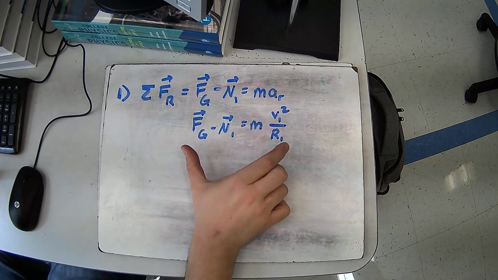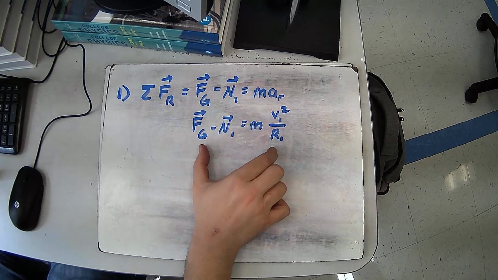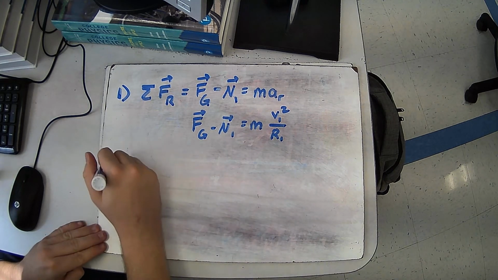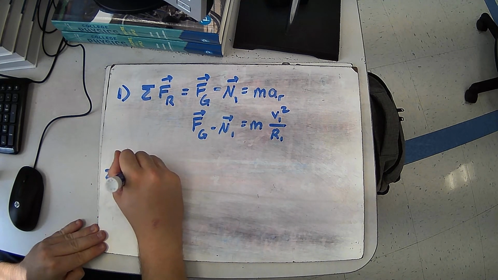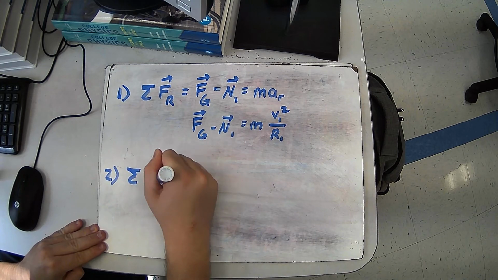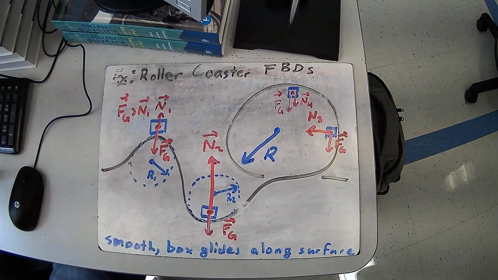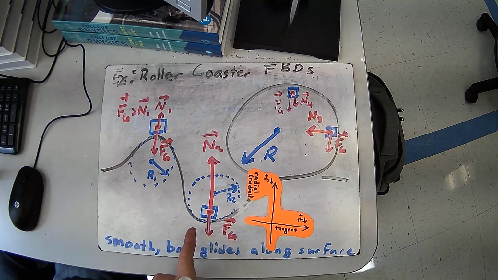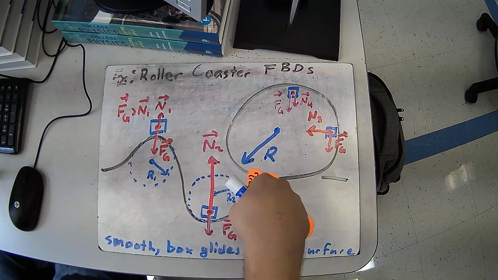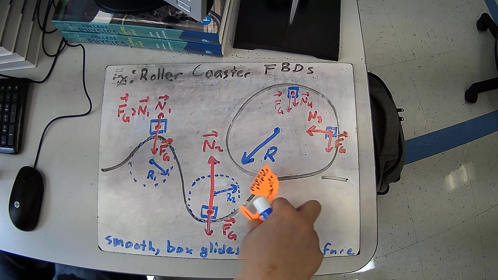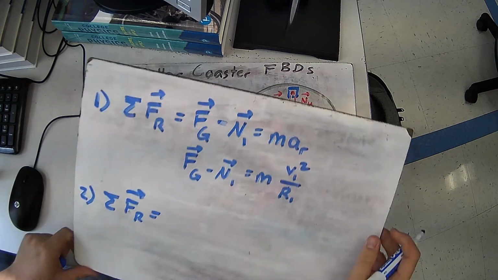This is not something to memorize. This is something that you should be able to figure out from a similar scenario. Number 2. We want to add up the forces in the radial direction. And let's remind ourselves here, radial is toward the center of the circle, which is going to be up for scenario 2. So it's going to be normal force minus gravity. In minus out, always. In minus out.